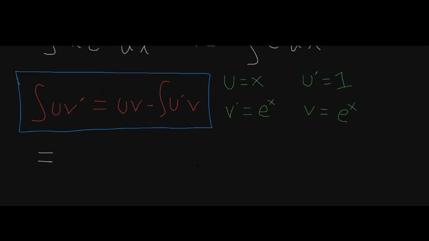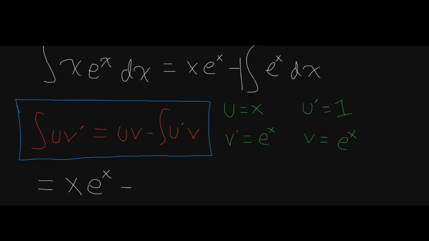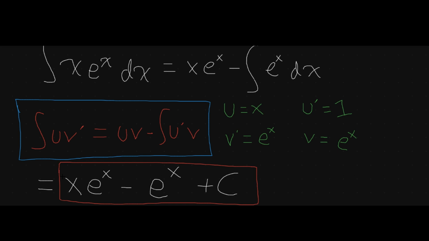So we write x e to the x minus, and now we need to solve this integral, which is just e to the x plus c, the constant of integration. And this is basically our final answer. X times e to the x minus e to the x plus the constant of integration.